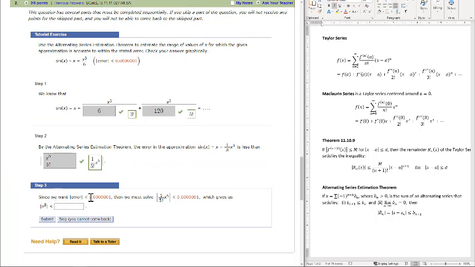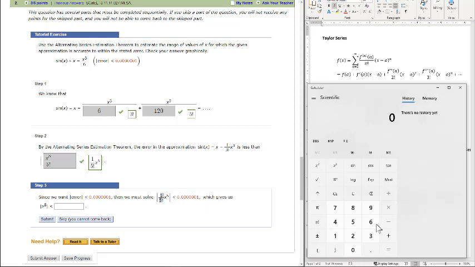Now we want the error to be less than this number here, so we have to solve for x. It looks like they multiplied 0.0 whatever this is by 120, or 5 factorial. So let's take out our calculator for that.